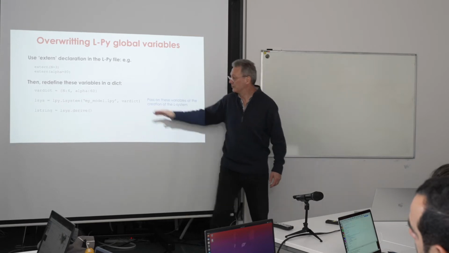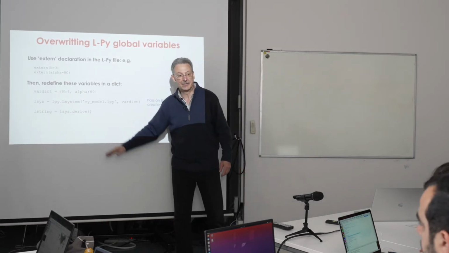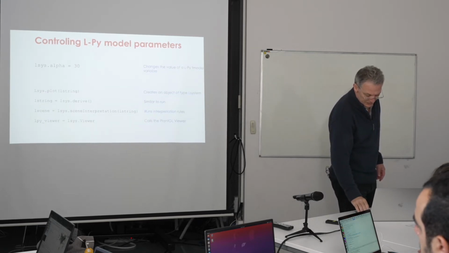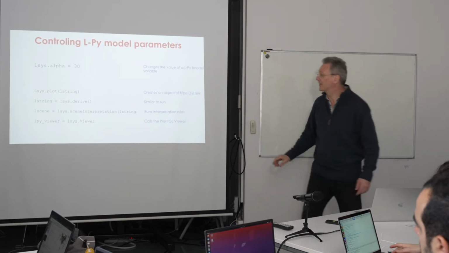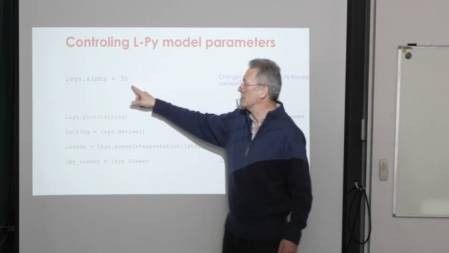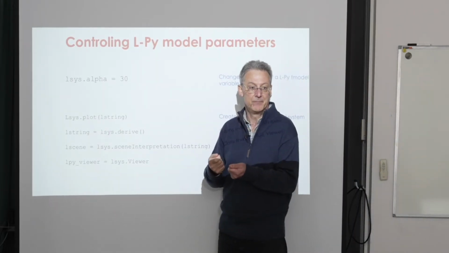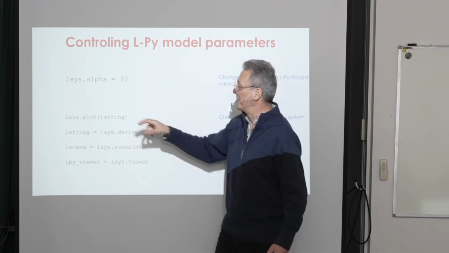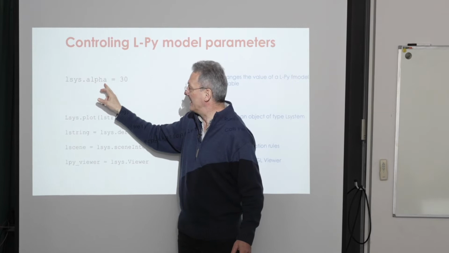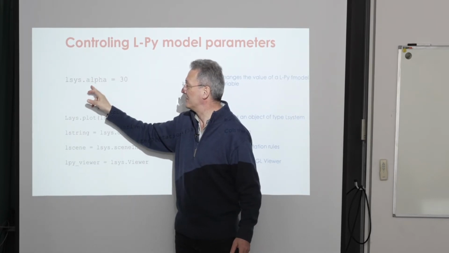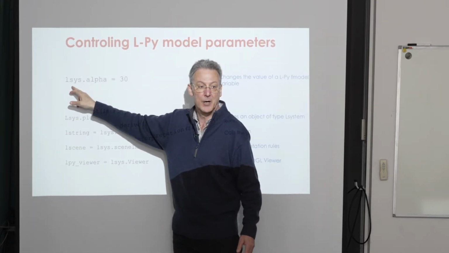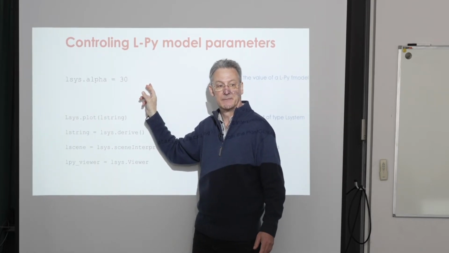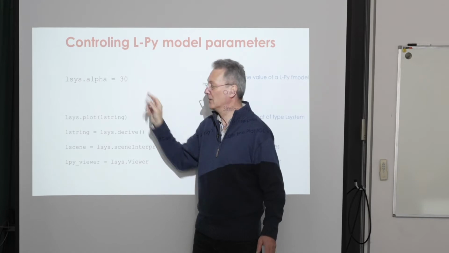And then you do exactly the same thing as before, you derive, etc. What you could do is this also: instead of giving a dictionary, you change the variables one after the other, just by saying that the alpha variable of the L system object should take a certain value in your Python file. Is that clear? Okay, good.